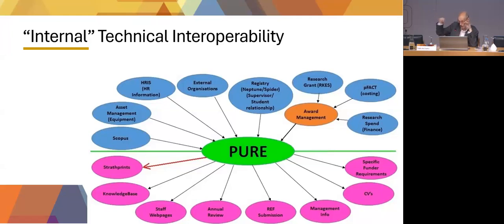You have on the top half all the institutional systems that feed information into the CRIS, and on the bottom half all the systems that collect information from the CRIS, including the Strathprints repository. So all the metadata are pulled from the CRIS, and the full text as well, for open access implementation purposes. But also other funder portals: Researchfish is the name of the UK Research and Innovation reporting portal for researchers.